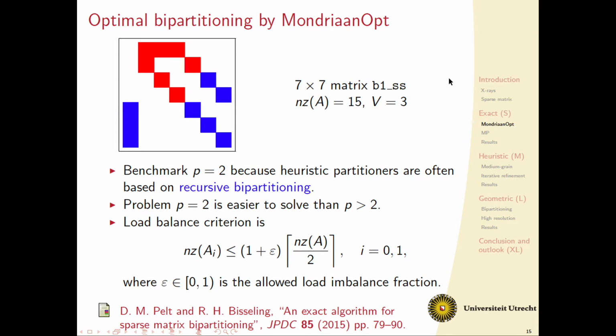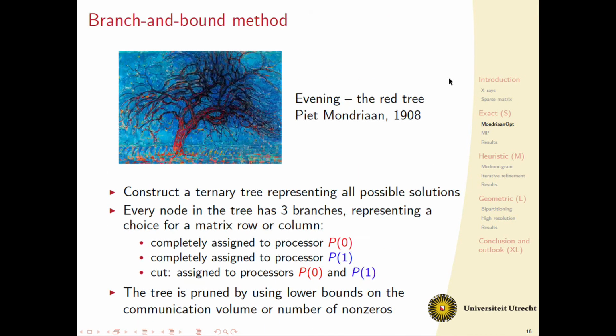Okay, so the aim is we want to color the non-zeros of the matrix, and we do want to have a good load balance, and that means that every processor should have a number of non-zeros that's about the number of the whole matrix divided by 2, and to make it feasible, we round this up, if we have an odd number here, and we allow a little bit of slack. So we allow a load imbalance fraction of epsilon, because that gives more possibilities to reduce the communication.